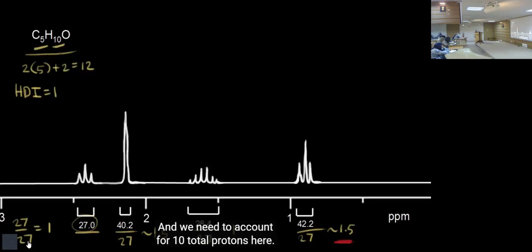So they are not scientists like you. They just randomly select one of the signals based on their experience of running thousands of samples, and they select that as one, and all the other integrations depend on that particular integration they select as one. So all others are relative to that.